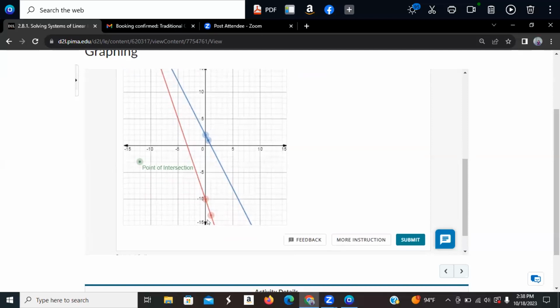It's down 5 and then right 2. I can't tell if you've got it or not. To me, that looks down 5 and right 1. I'm sorry, that looks down 4 and right 1, not down 5.